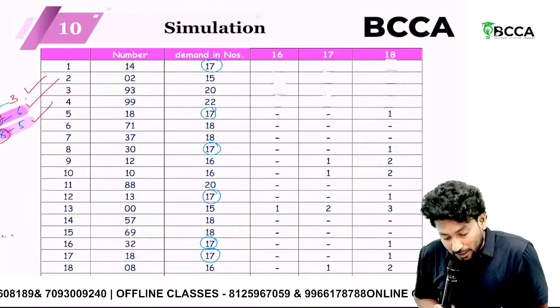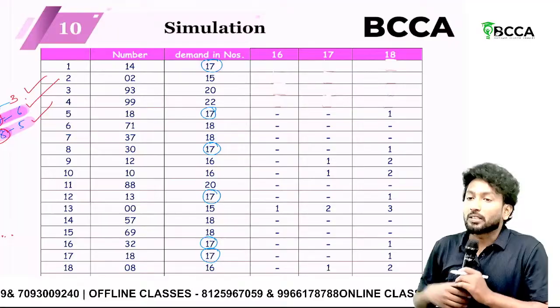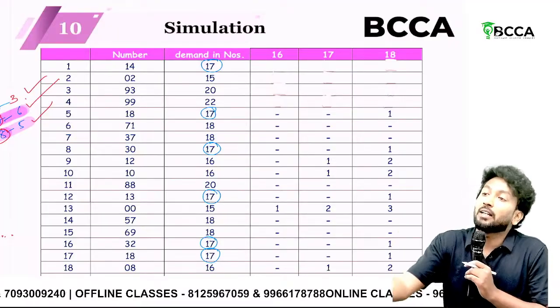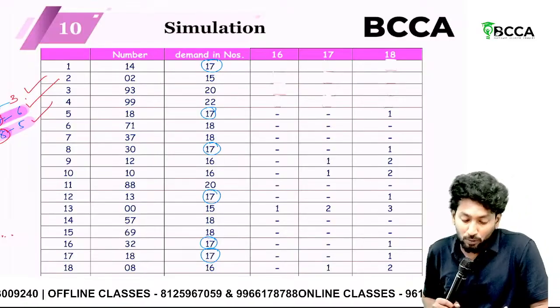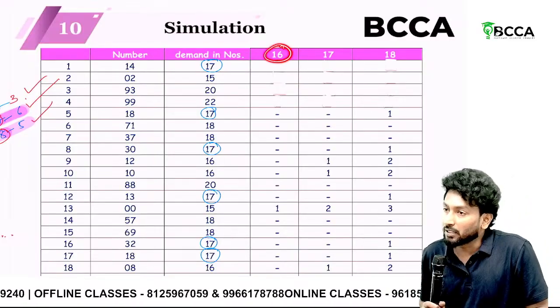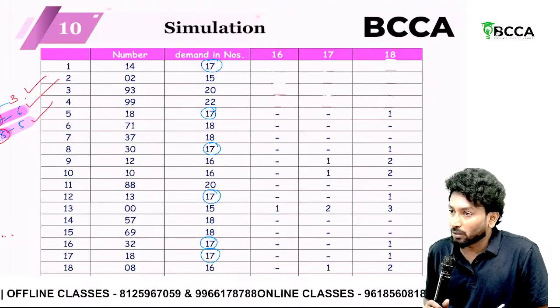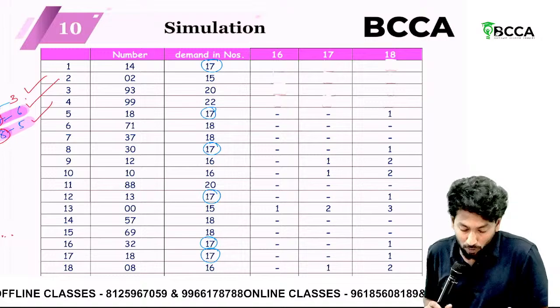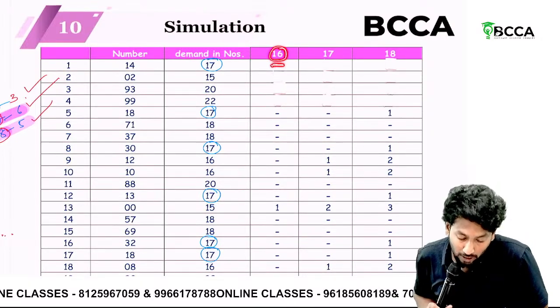The expected demand for the first week is 17, that means 17 customers came to the store to purchase books. But we have only 16. Can we sell all 17? No. Any unsold books? No. All the 16 books we can sell, so unsold books are 0.